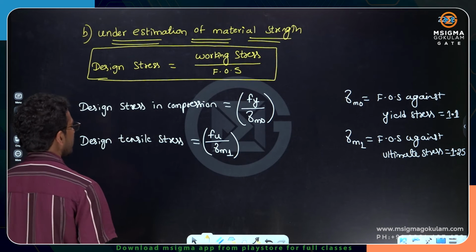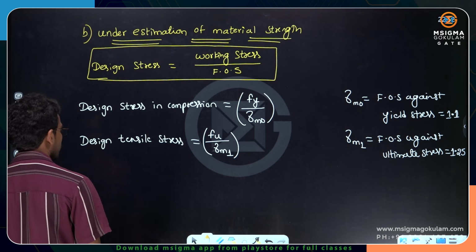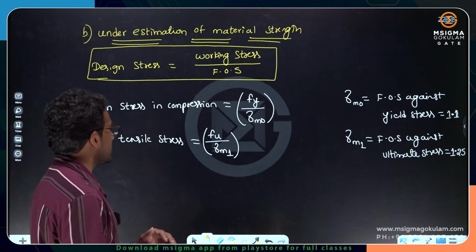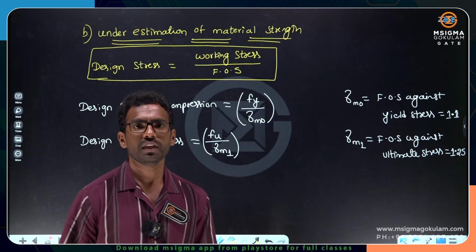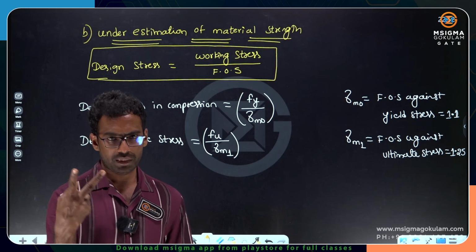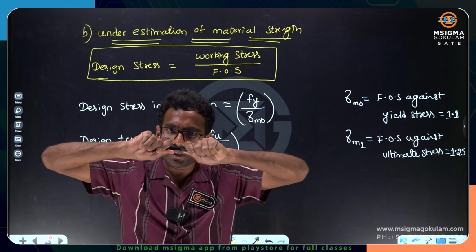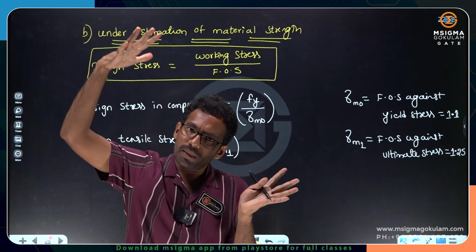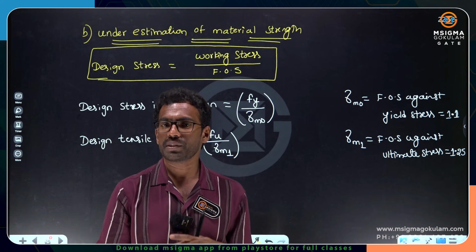Now we have what we call shear also. My dear friends, let me tell you, shear may be caused by two things. When you apply tension, shear comes. When you apply compression also, shear comes into the picture.